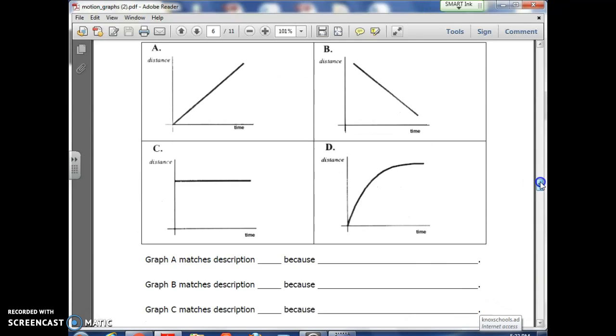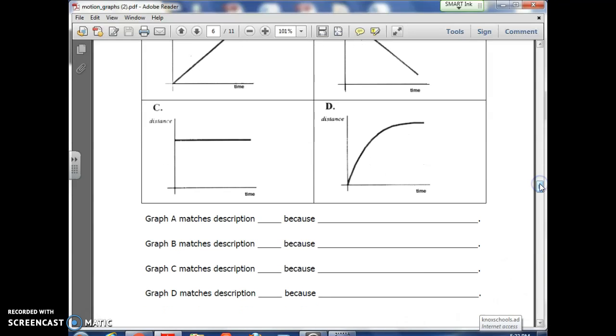So graph A goes with which number? That's where you'll match your description number. So maybe pause the video for a minute so you can figure out which graph goes with which description. Then I'll go over it here in just a second.